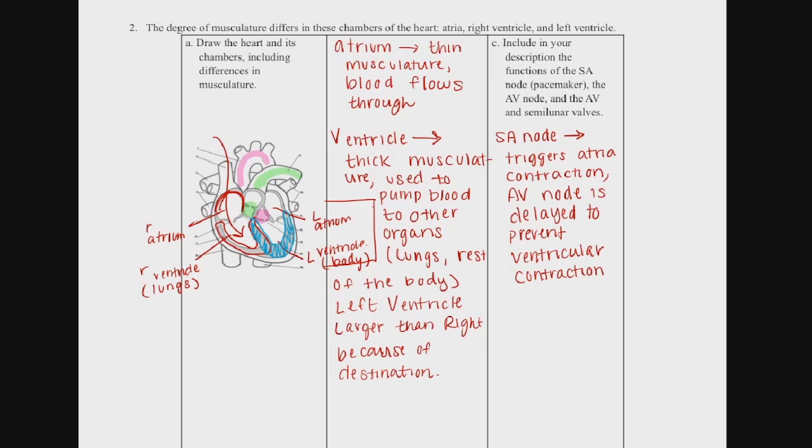These semilunar valves we discussed are one-way valves that prevent backflow, as we discussed. We can also see one-way valves in veins as well.